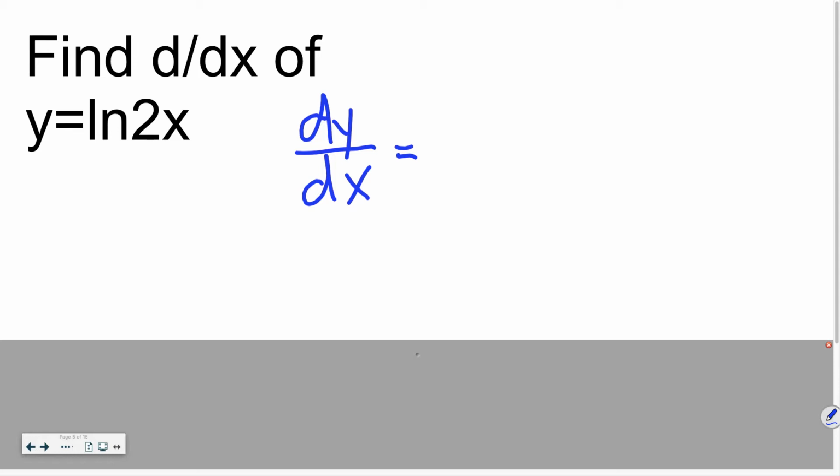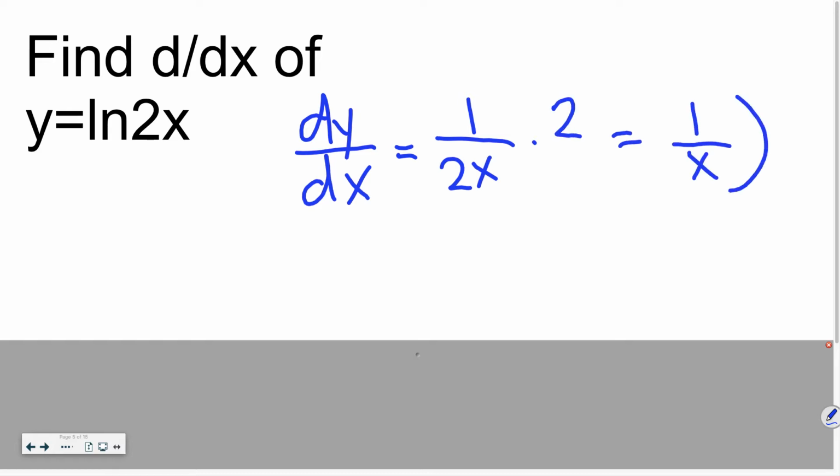Well, a natural log's derivative is 1 over what's inside. Am I done? Times chain rule. Derivative of what's inside would be? And then I'm just going to simplify it: 1 over x.